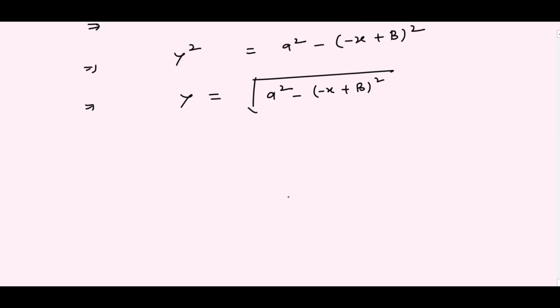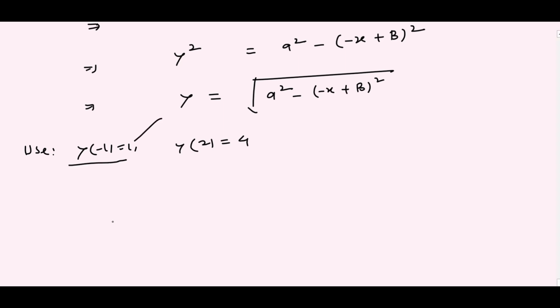So we will use the given boundary condition, that is y of minus 1 is equal to 1 and y of 2 is equal to 4. So y of minus 1 is equal to 1.